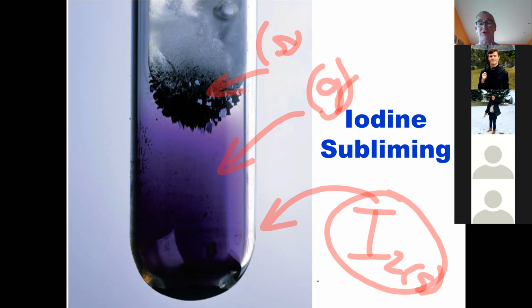And we'll see from this chapter, nonpolar things tend to become gases pretty easily. We talked about that during the gas laws. Gases are nonpolar at low temperature: CO2, H2, N2, O2, Cl2.